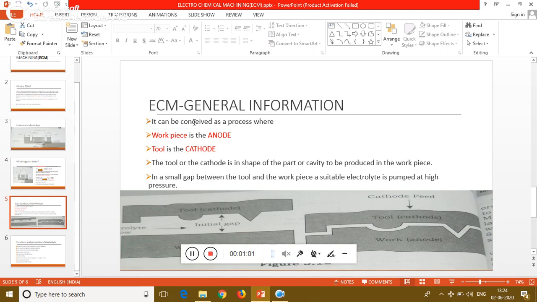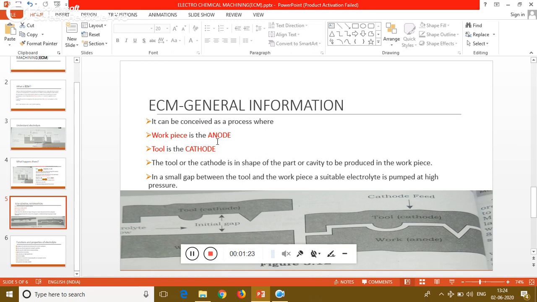Okay, so it can be conceived as a process where the workpiece is the anode, right? Workpiece is the anode because we saw that material is being removed from the anode, and actually machining has to be done on the workpiece. So workpiece is the anode and tool is the cathode.